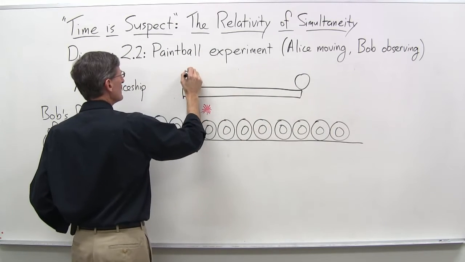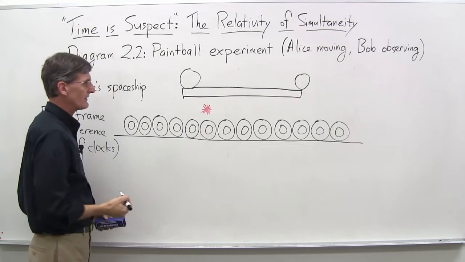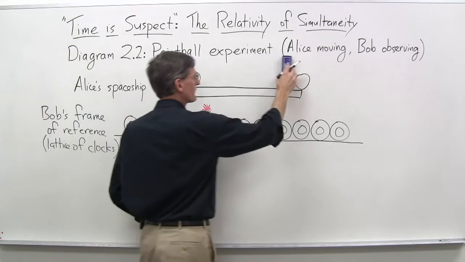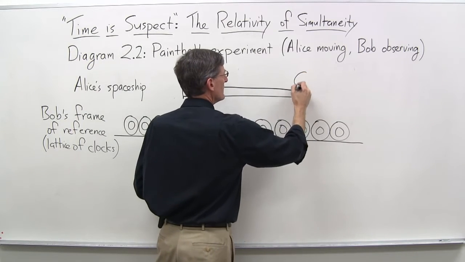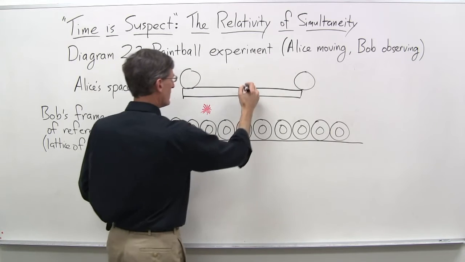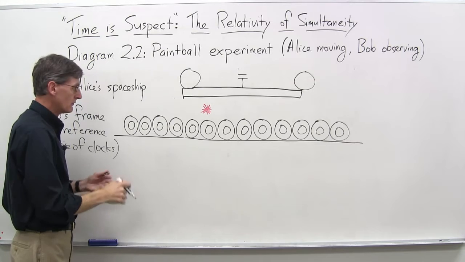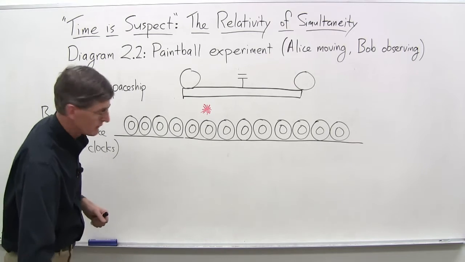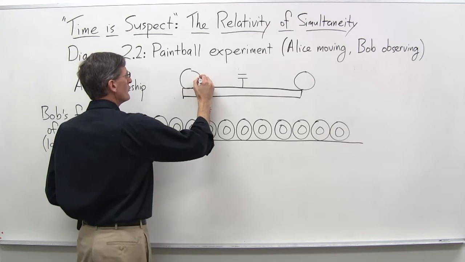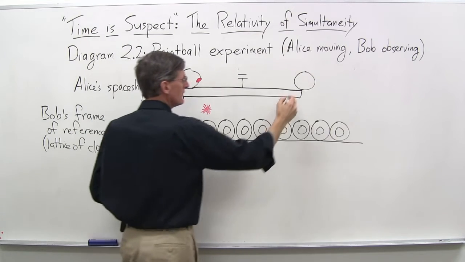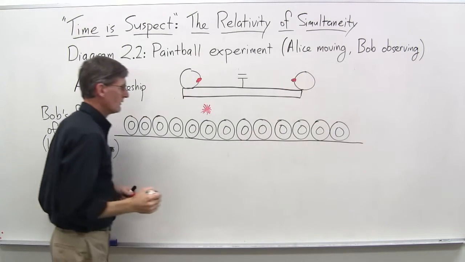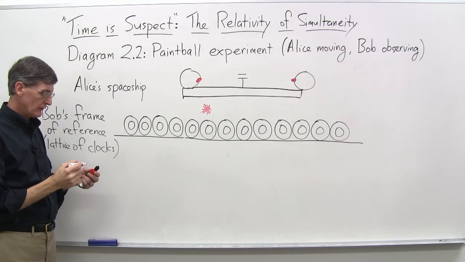There's one clock and two clocks more or less lined up there. Let's draw this clock a little bit better here. There we go. The gun apparatus in the center there, and we get one paintball splattering on that clock and one paintball splattering on that clock simultaneously.